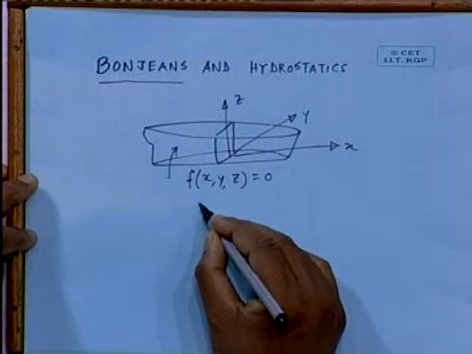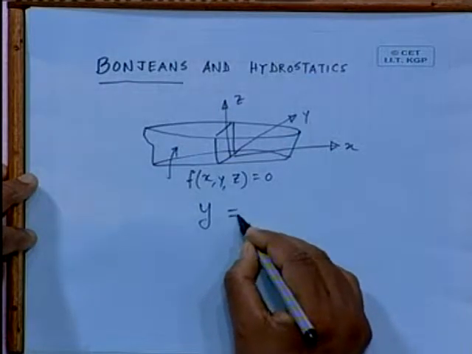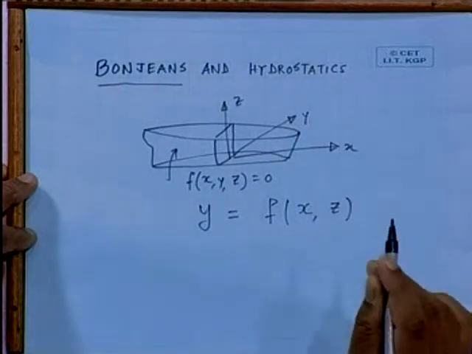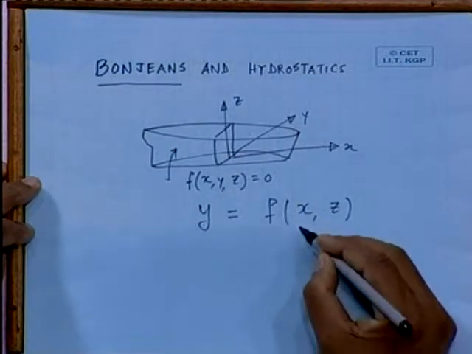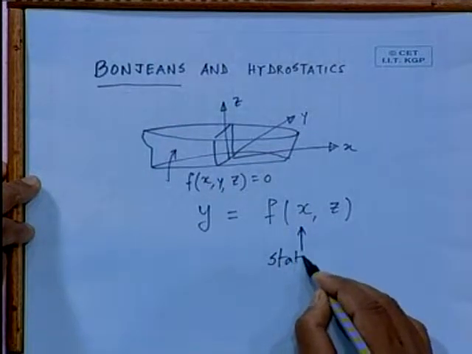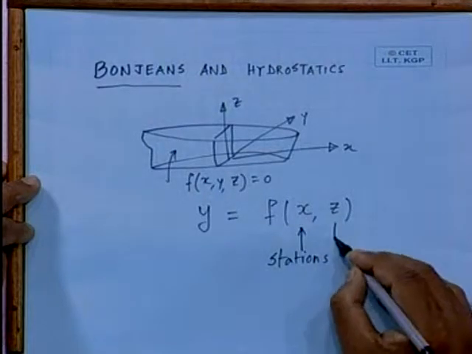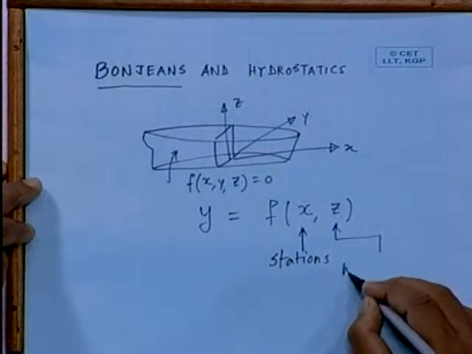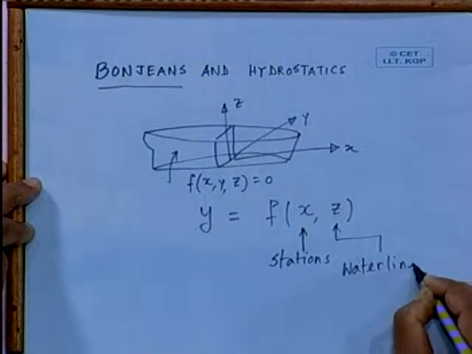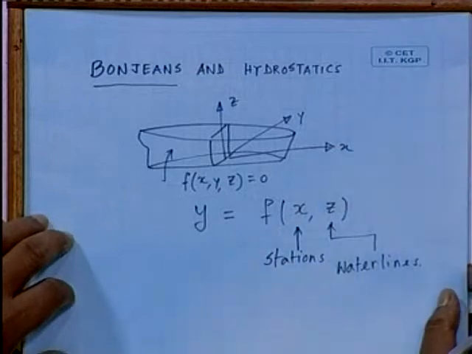Actually, what we do, half breadth y is written as a function of x and z. This is what we have done before. In fact, this is what we called stations. This is what we called water lines. In the most general form, the ship hull is represented by an equation of this form.